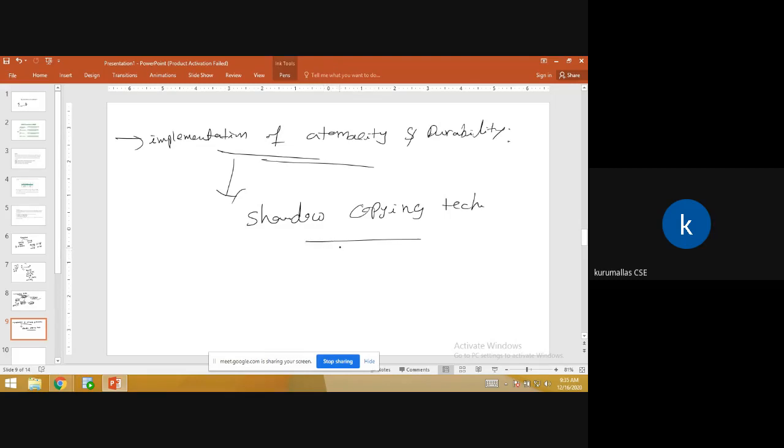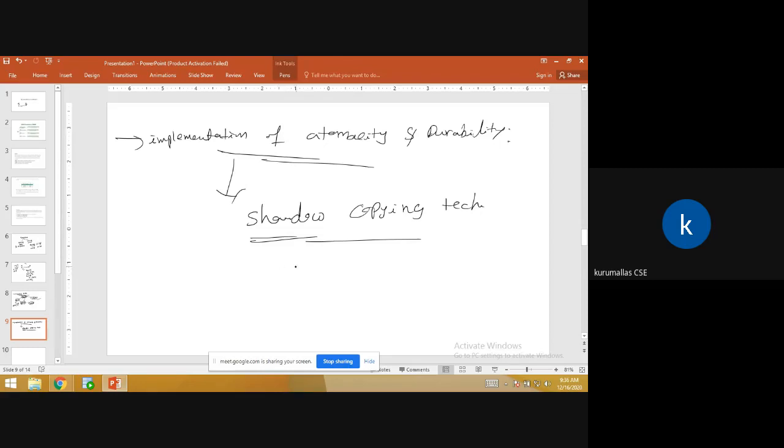There are many ways employed by the recovery management component. Why do we implement atomicity and durability in the database? If any failure occurs inside the database, we have to recover the data, so we have to ensure atomicity and durability inside the database, right? One such technique is the shadow copy technique.